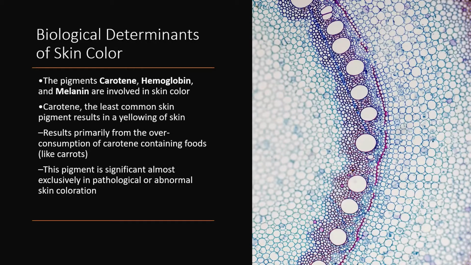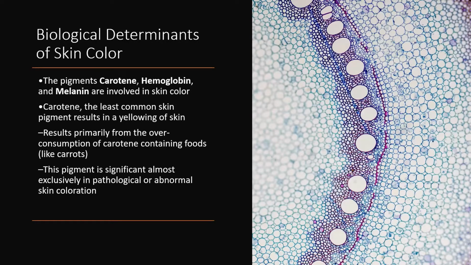The second factor is hemoglobin, which imparts red color to the skin tone. And melanin imparts dark brown or purple color in the skin tone. So the three important biological determinants are carotene, hemoglobin, and melanin.